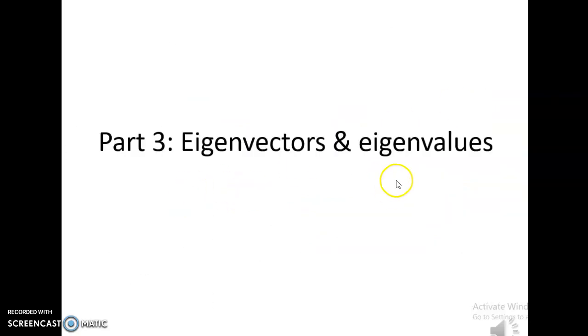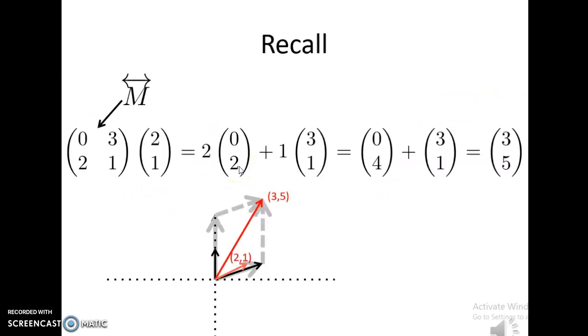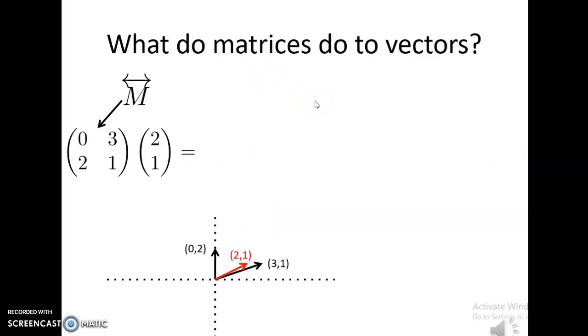Eigenvector, eigenvalue. What do they mean? What does a matrix do to vectors? The matrix 0 3, 2 1 acts on the vector 2 1.